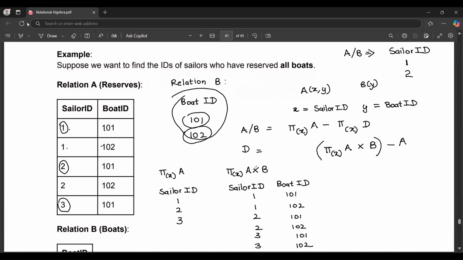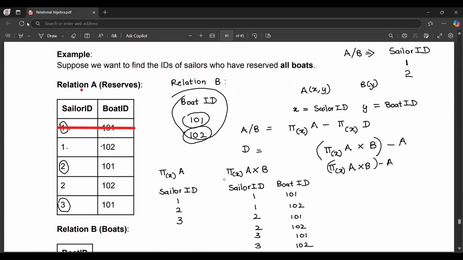This is the next step. And then we have minus A. From this we are subtracting A.